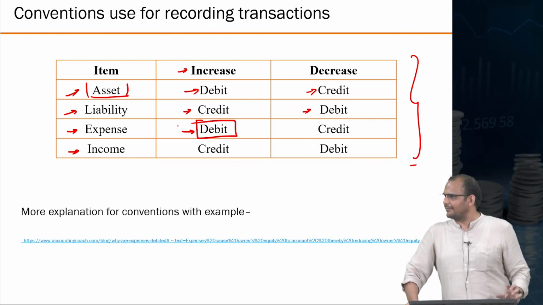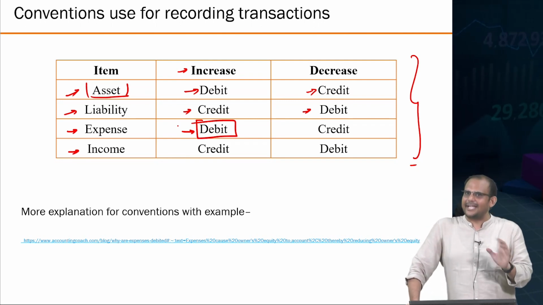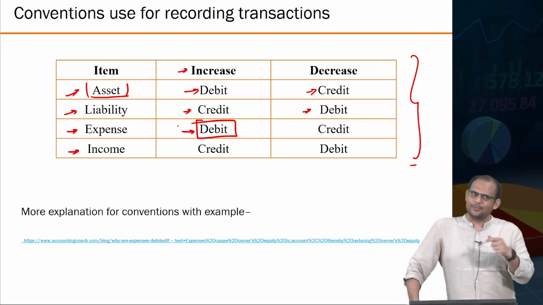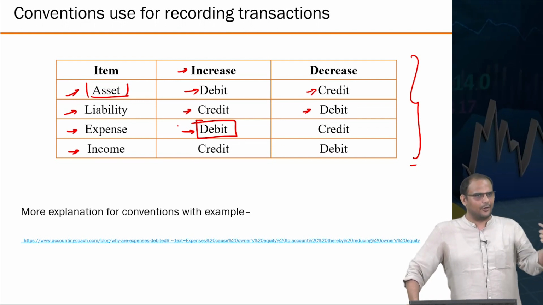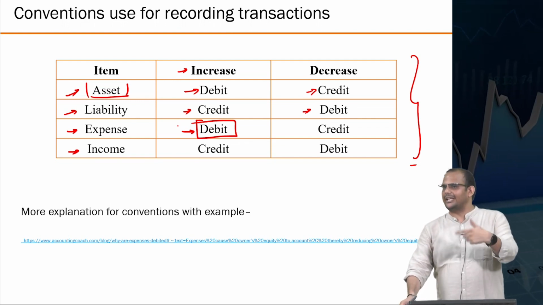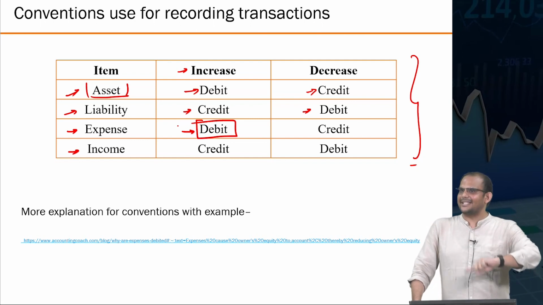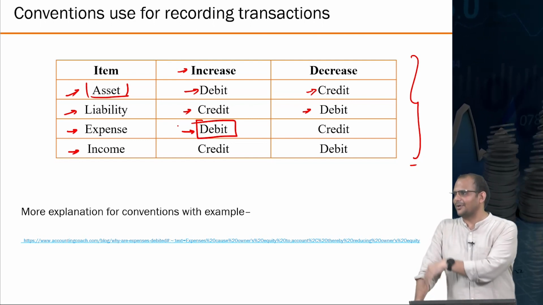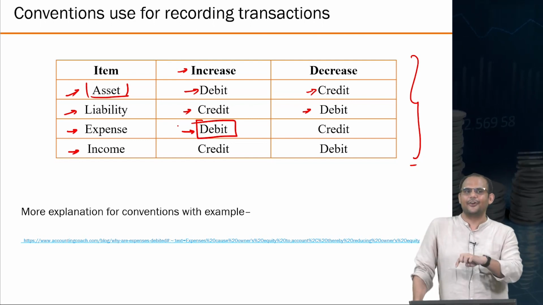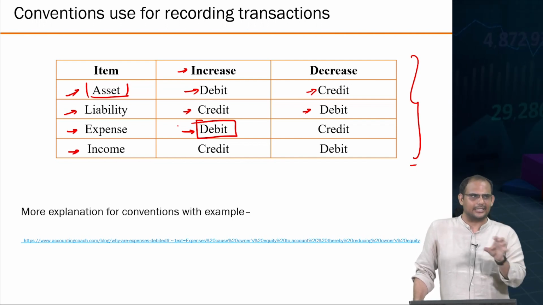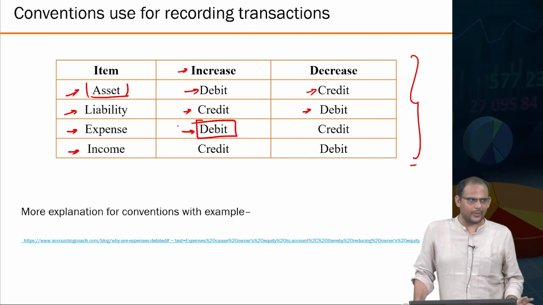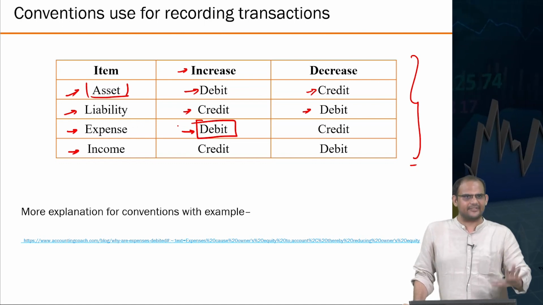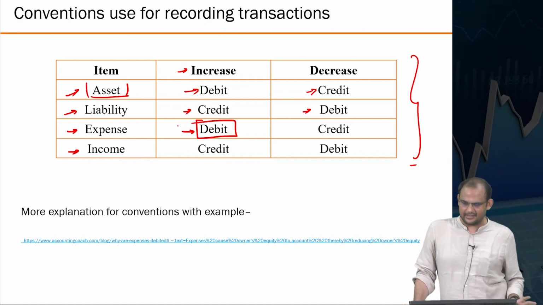Where is that 10 rupees coming from? Somebody has to pay that 10 rupees. Either you borrow money from the bank or you borrow money from your investors. So your company's cash is actually increasing because of that transaction, and therefore it is shown on the debit side. With me? We'll look into more specific examples. It will become clearer and clearer.